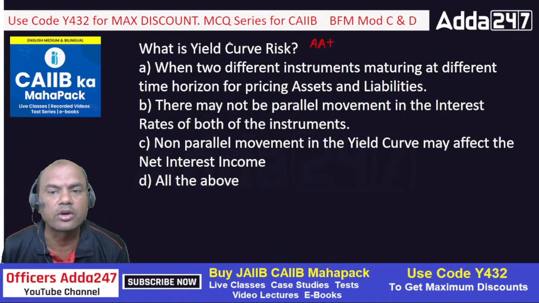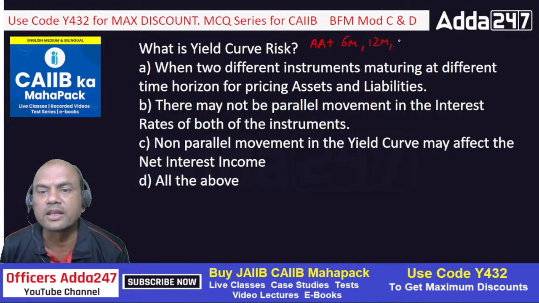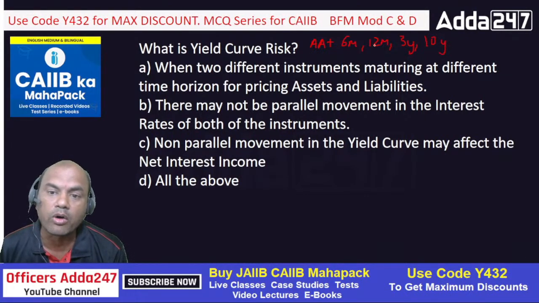Then the yield curve risk of all AA plus bonds of various maturities, one is 6 months, second is 12 months, third is let's say 3 years, fourth is 10 years. So different maturities but all with the same rating, only they are compared. So that's known as yield curve risk.